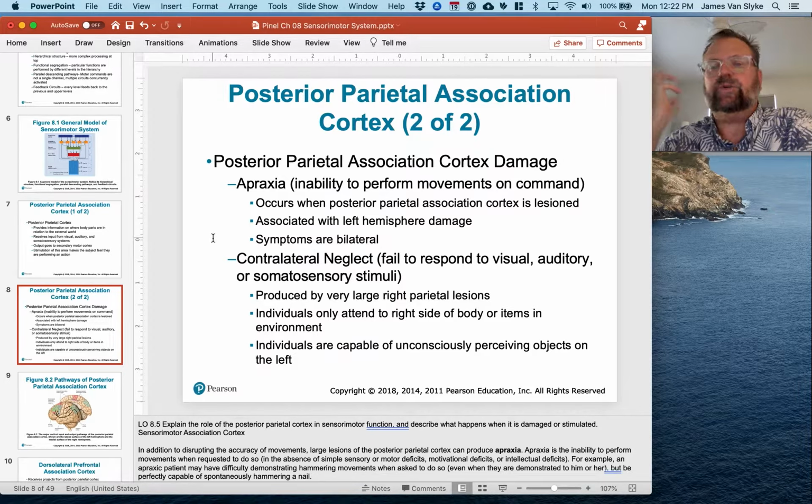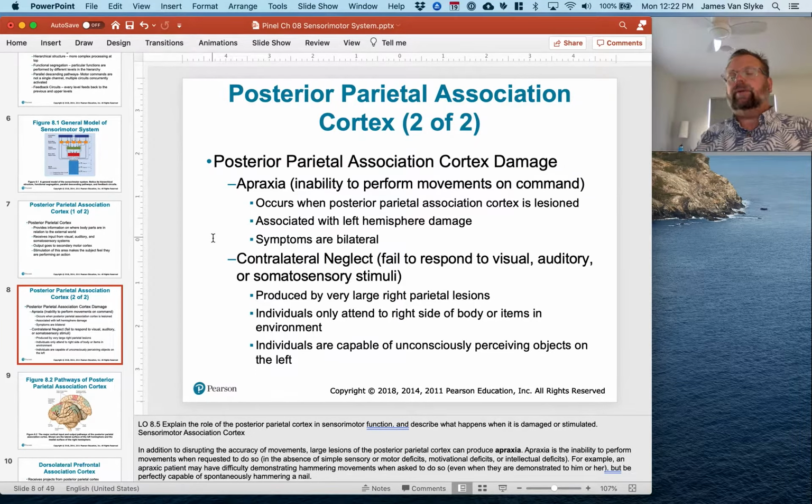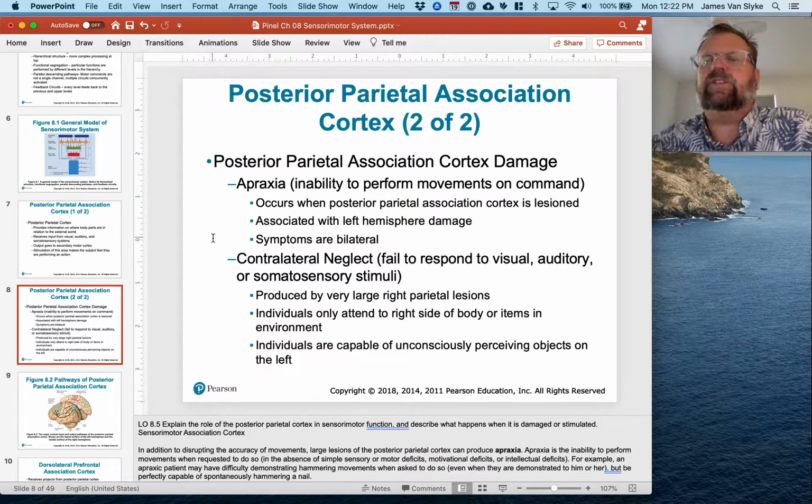It's because once you have damage to this area, the conscious ability to actually perform certain kinds of functions becomes damaged. So your body is fine, but because of the brain damage that occurs, it makes it difficult to perform certain kinds of conscious tasks, and especially things that you are intending to actually do.